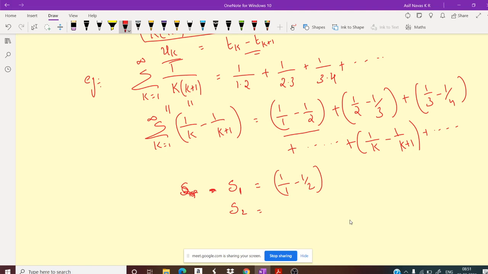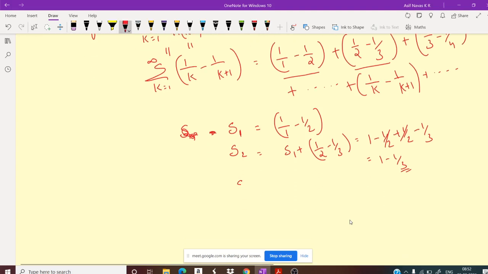S2 is equal to S1 plus the term 1 by 2 minus 1 by 3. So this is equal to 1 minus 1 by 2 plus 1 by 2 minus 1 by 3, which is equal to 1 minus 1 by 3.